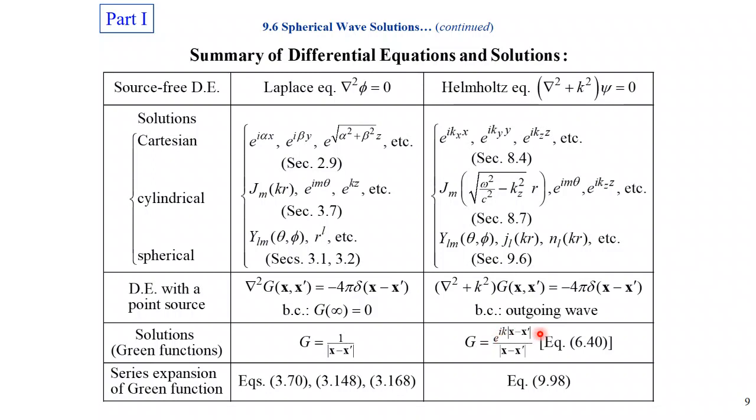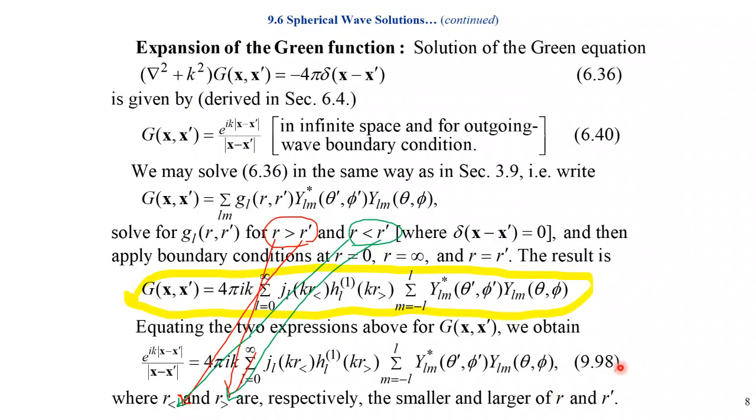So we don't have to worry about this part. You can consider this as two parts. The series expansion of the Green function is shown here, with many expressions. And we have 9.98. Let me show you what is 9.98. This one.